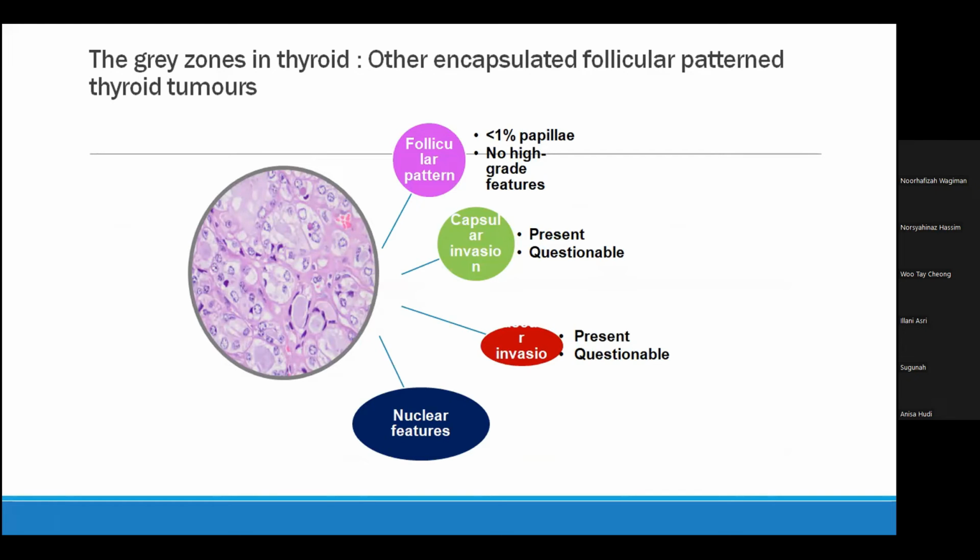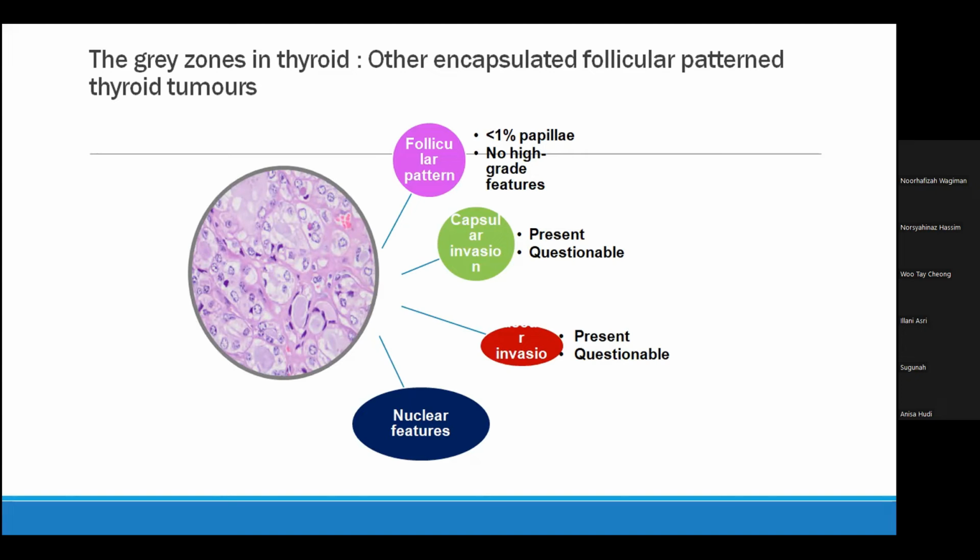Basically, this is a tumor category where we cannot tell whether it's follicular neoplasm or papillary carcinoma, because you have both features.